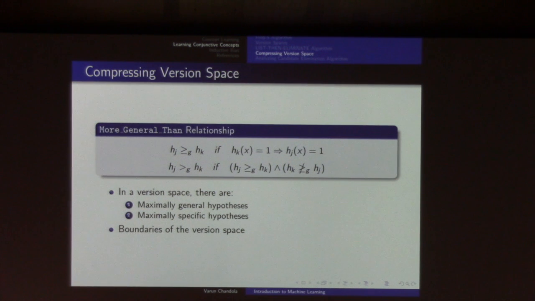There's a relationship that we are going to define, which is the more general than relationship, which means that one hypothesis is more general than another if whatever objects one hypothesis accepts, the other one will also accept.